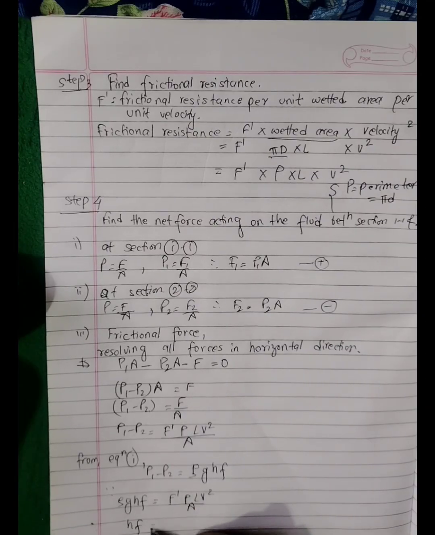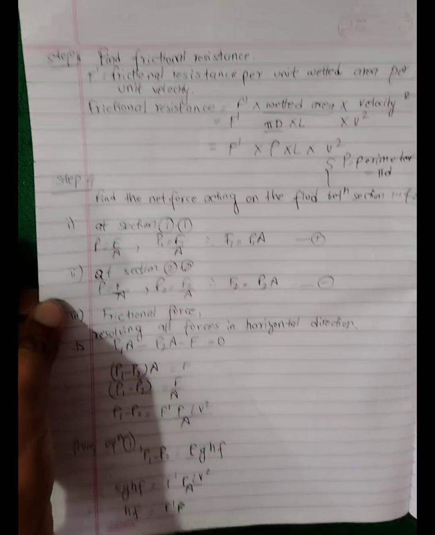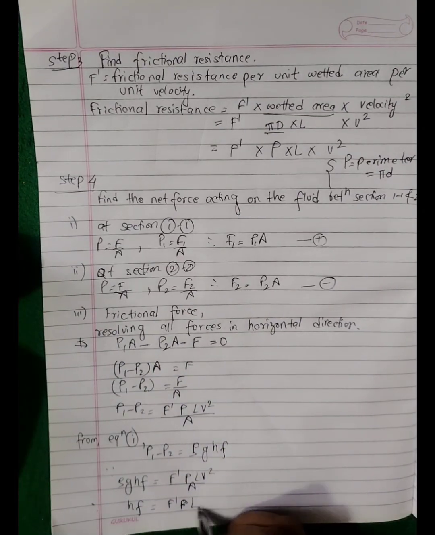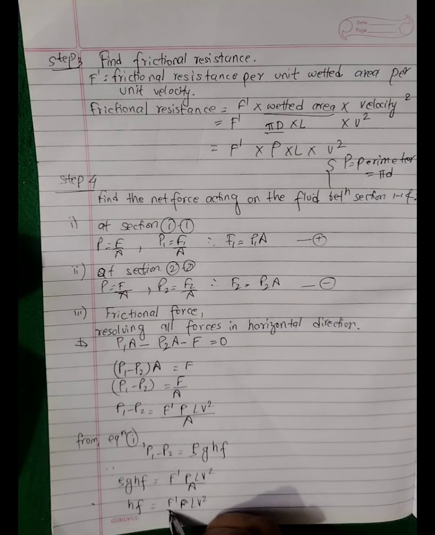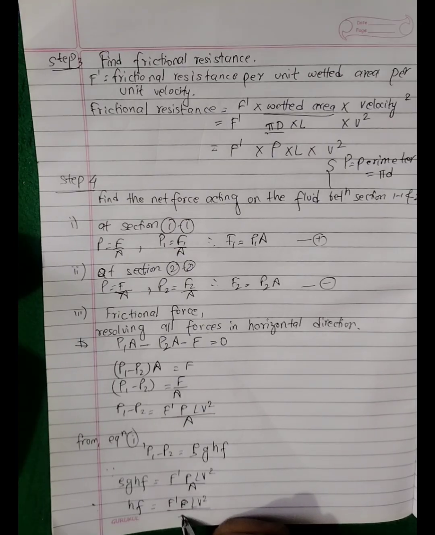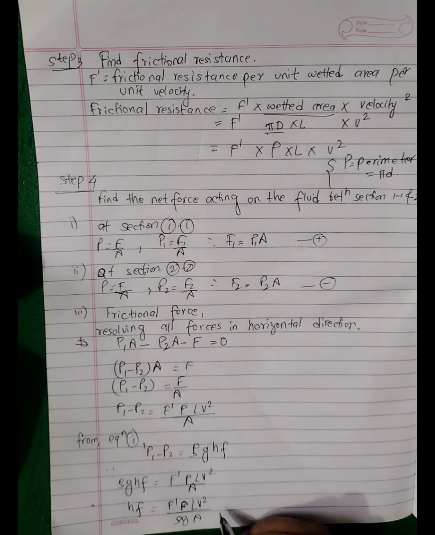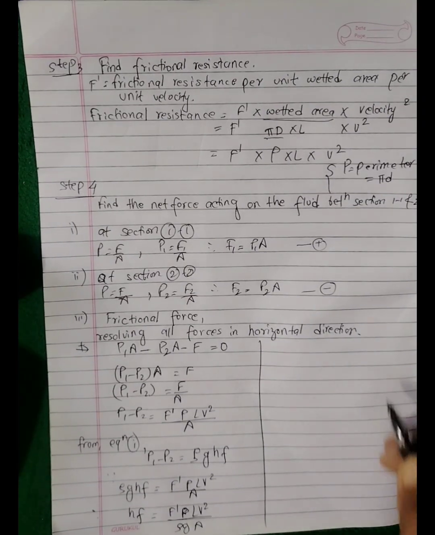Therefore, hf is equal to f dash P L V square upon rho g A also.